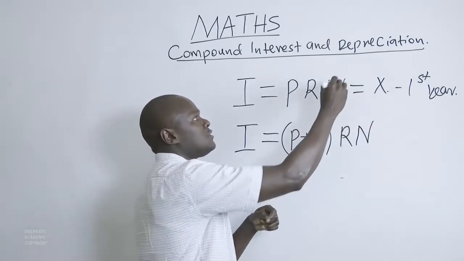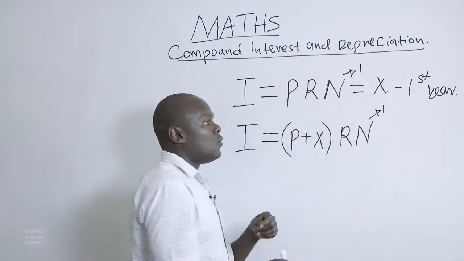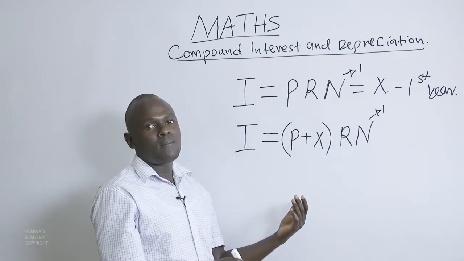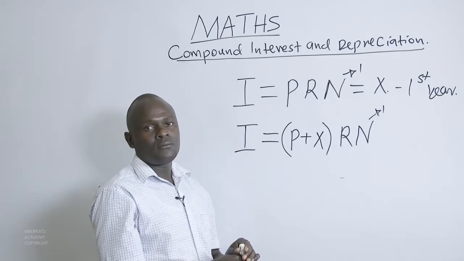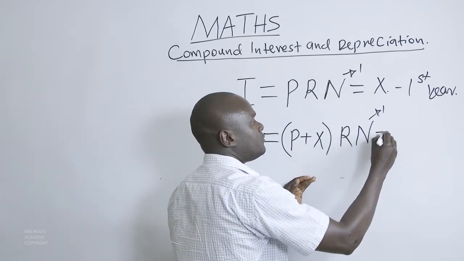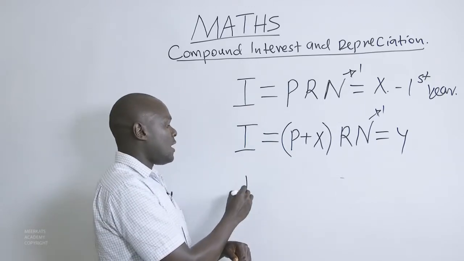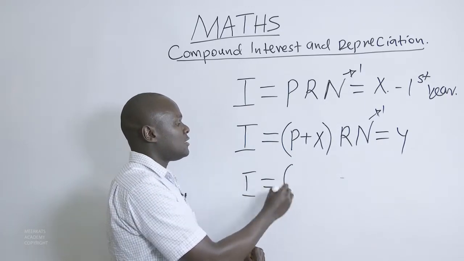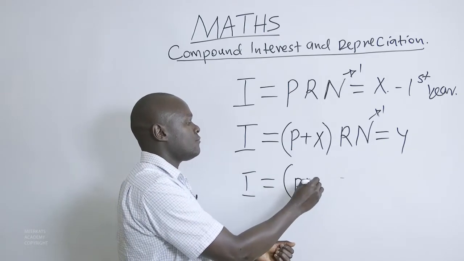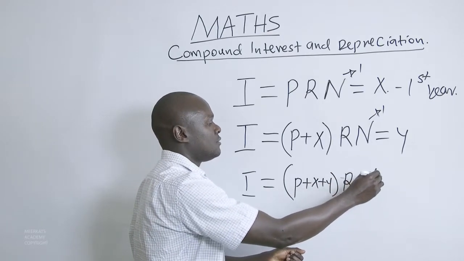And you will realize that these periods are usually one. And if we were to calculate the compound interest in the third year, and we had obtained here the interest as Y, then it means that in the third year, our interest will be calculated from this principal that we had here, multiply by the rate, multiply by the period.